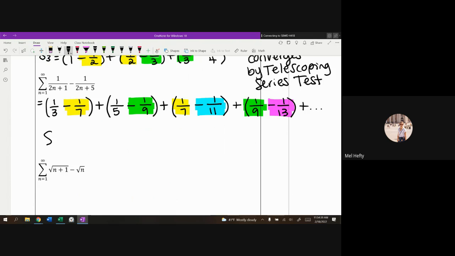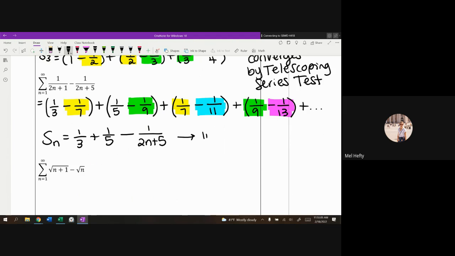Now, let's try to write a formula for the partial sum. So what did we say was left over from this? 1/3, 1/5. And if we had that kind of last term that was uncanceled, if we were at the nth term, what could we write for that last uncanceled term? Yes, that 1 over 2n plus 5 would be that kind of last uncanceled term.